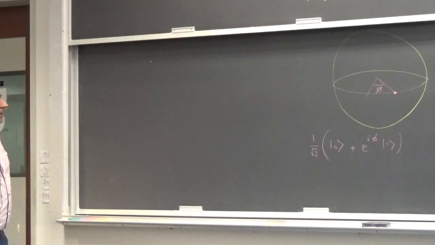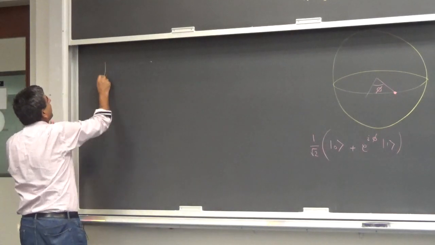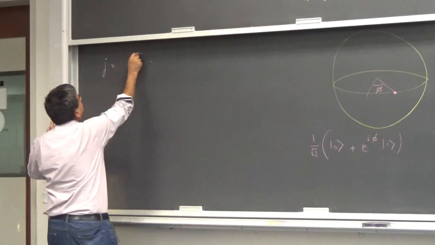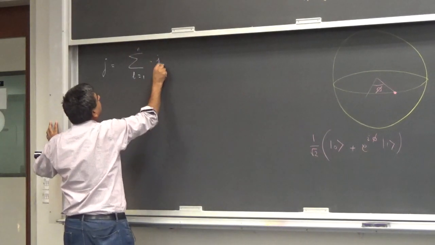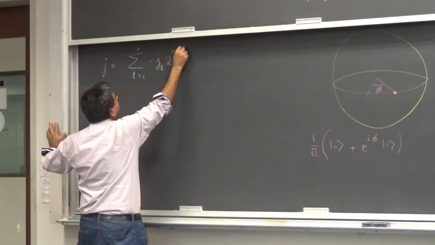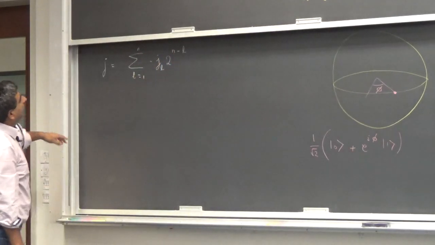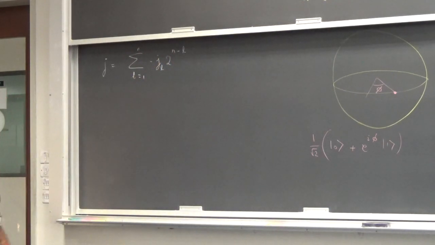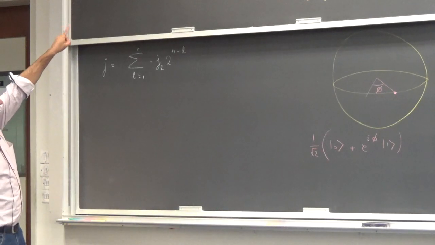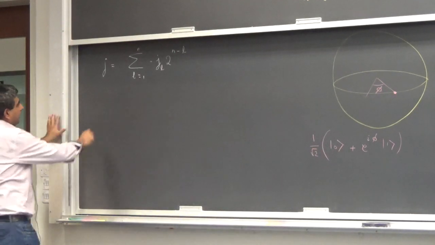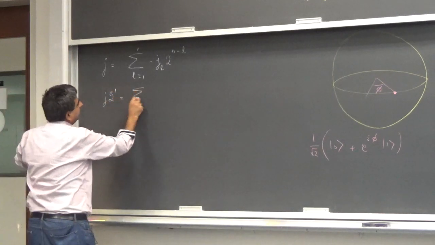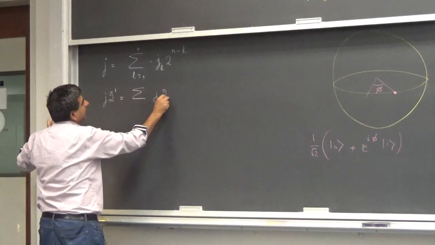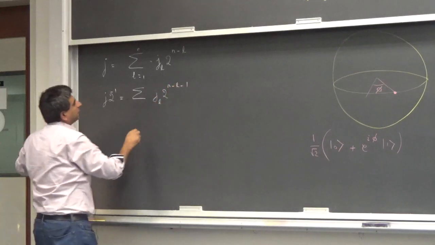little bit. Remember that our J is given by this, J_L 2 raised to power n minus L. So if I look at the first term, in the first qubit, J 2 raised to power minus 1. So I'm really doing the following: J_L 2 raised to power n minus L minus 1.